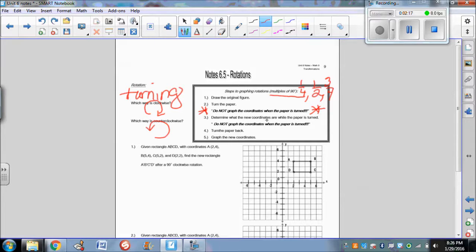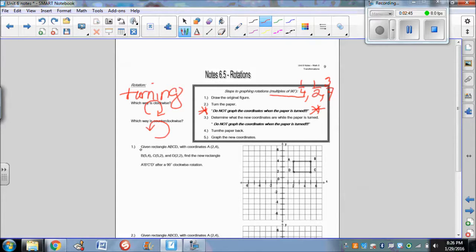Determine what the new coordinates are while the paper is turned, and I'm going to demonstrate. Again, do not graph the coordinates when the paper is turned. Then we're going to turn the paper back to the original upright form that we look at our paper in, and then we're going to graph the new coordinates. So we've got this as a summary. Now let's demonstrate what all of those steps mean.